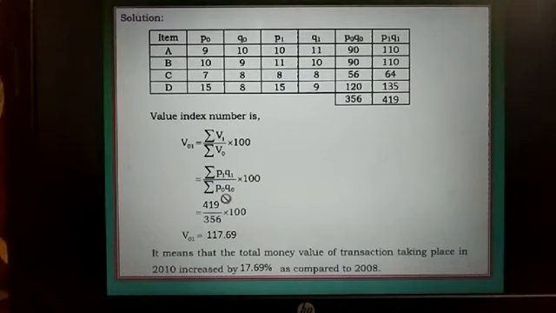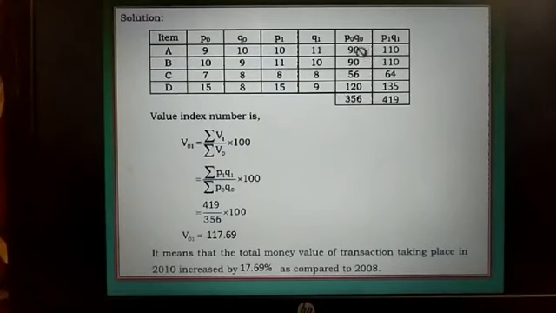And next we want to substitute in denominator P0Q0. So P0Q0 to be calculated. P0 values are here and Q0 values are here. So P0 multiplied by Q0. So that 9 multiplied by 10, 90. And then 10 multiplied by 9, 90. 7 multiplied by 8, 56. 15 multiplied by 8, 120.